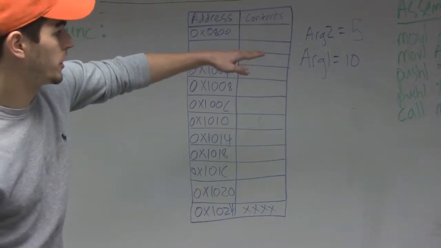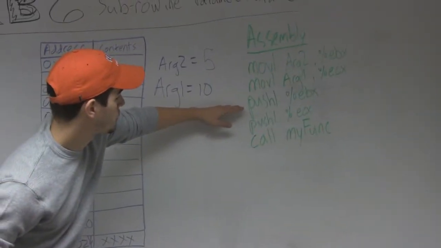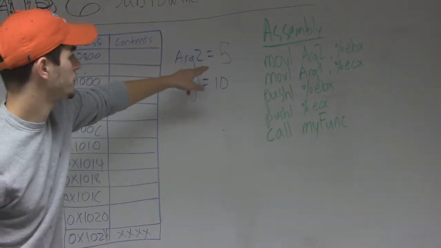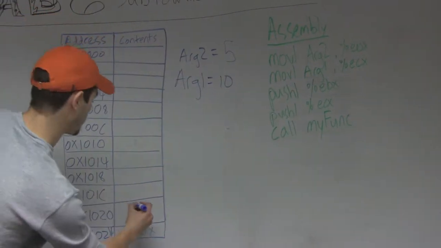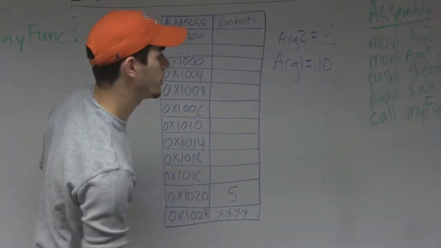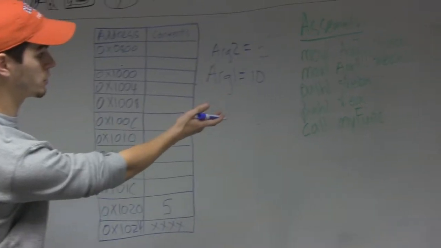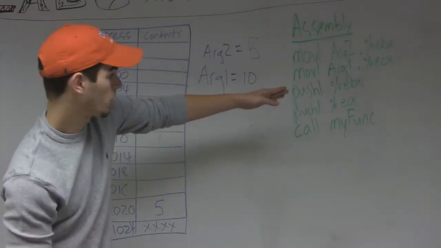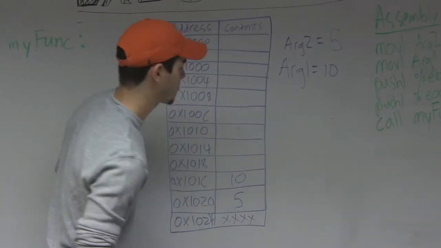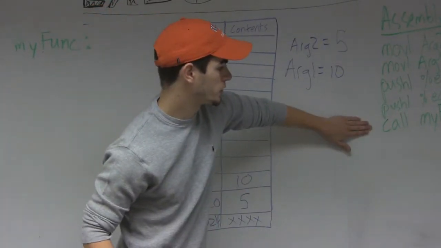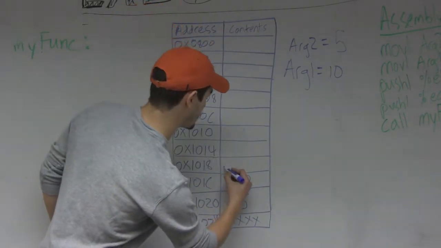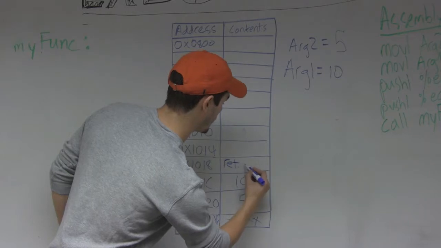The first thing that we've done here is we've pushed the value of R2, which is stored in our B register, which is 5, on the stack. So first off, at the bottom here, first thing pushed in is 5. Secondly, we push the value stored in the C register, which is R1, which is 10. And then the call instruction is going to also push our return address from myfunc.